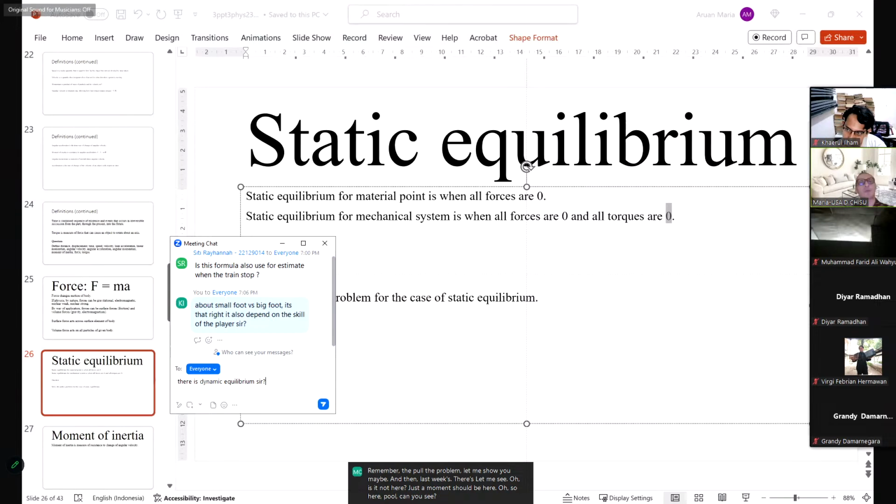Static equilibrium will be when the blue mass is the same as the red mass. In this case, blue mass is 8 kilograms and red mass is 5 kilograms, so there will be no equilibrium. The weight of the blue mass will overcome the red mass, and the blue will move down and the red will move up. But if the masses are the same, then this pulley system will be in static equilibrium. Do you understand?